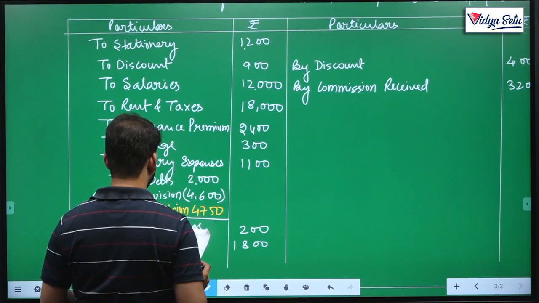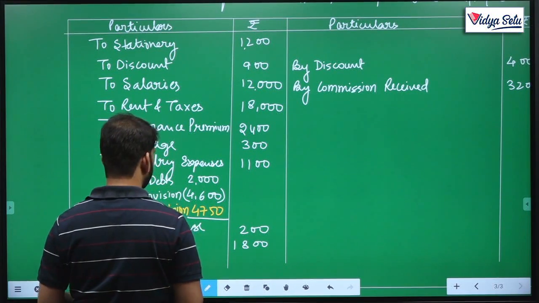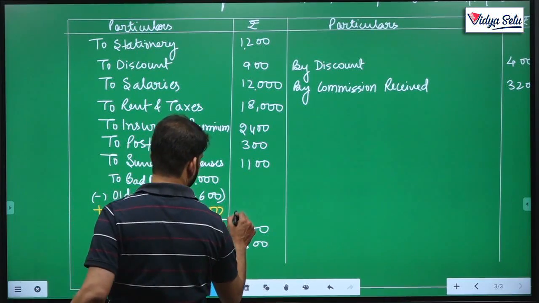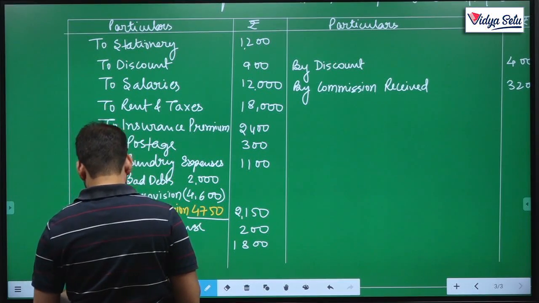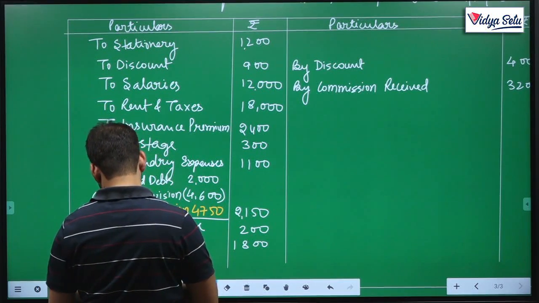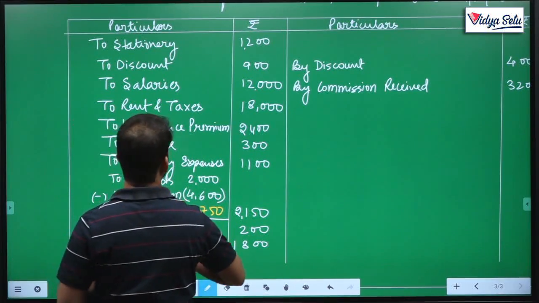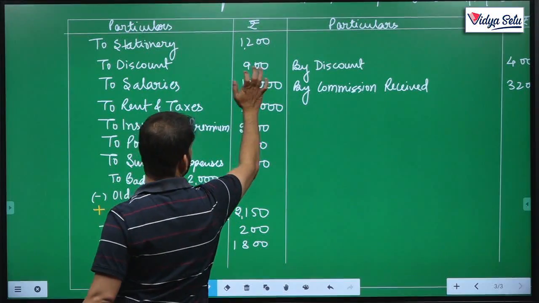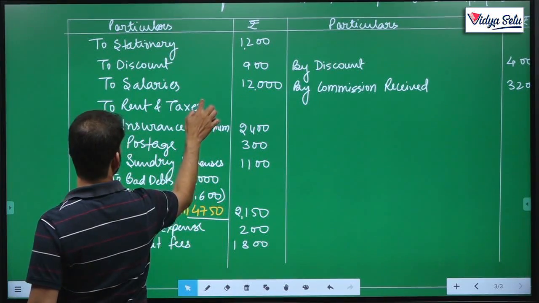So, I think this is done. We can easily find out that 4750 plus 2000, 6750, minus 4600, is 2150. Then rent is outstanding 1600. Okay, rent 18,000 I wrote here.